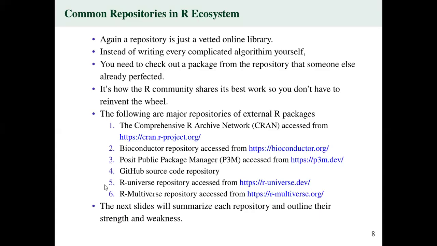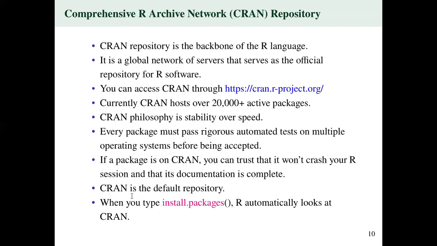So you will find it in these other repositories. But sometimes the package may already exist, but the most recent updated version is yet to be hosted in CRAN. So you'll also find it in GitHub, and these are universe and the multiverse. So we talked about how to install this.